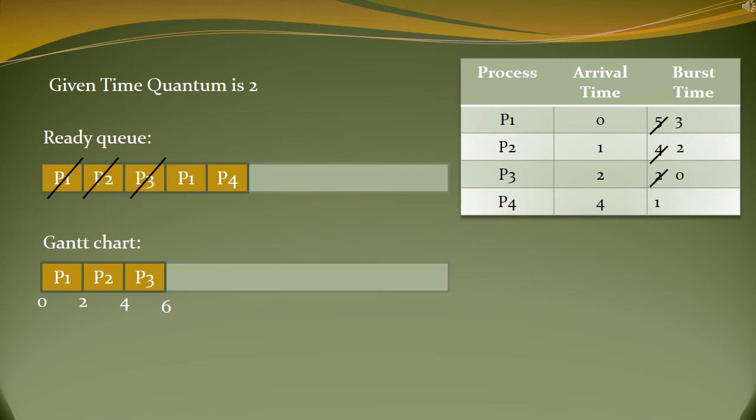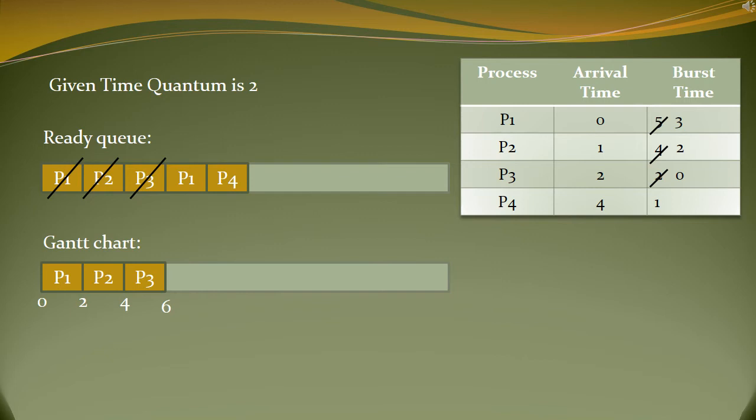Again, at the time 4 milliseconds, we have to check whether any new process has arrived or not. Here we can see that the process P4 has arrived, so it is placed in the ready queue. And from the ready queue, the process P3 is transferred to the running queue for execution and will be executed for the time quantum 2, which is the same as its given burst time 2.